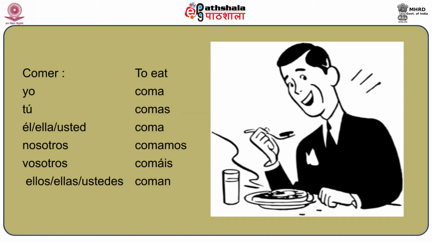So the conjugations for the verb comer in the present subjunctive are like this: yo coma, tú comas, él, ella, usted coma, nosotros comamos, vosotros comáis, ellos, ellas, ustedes coman.